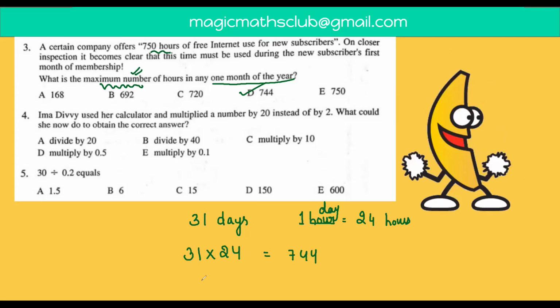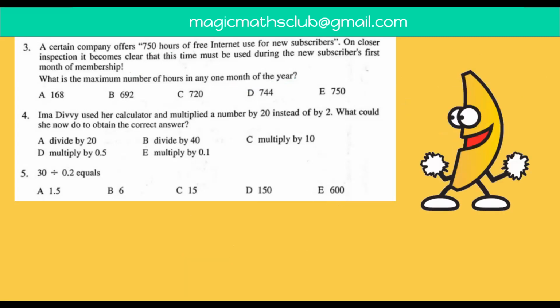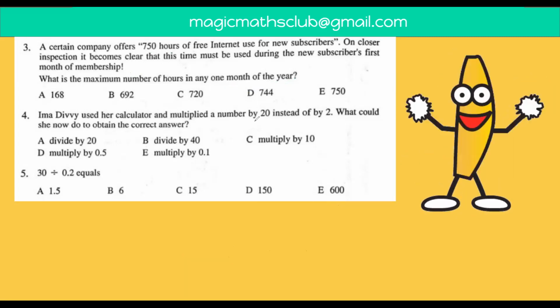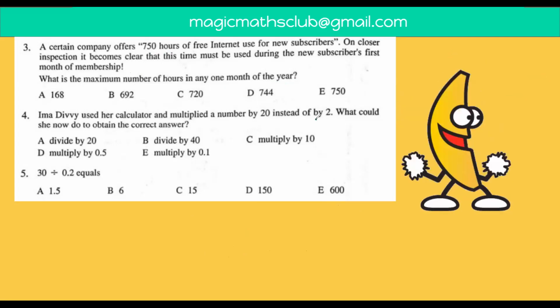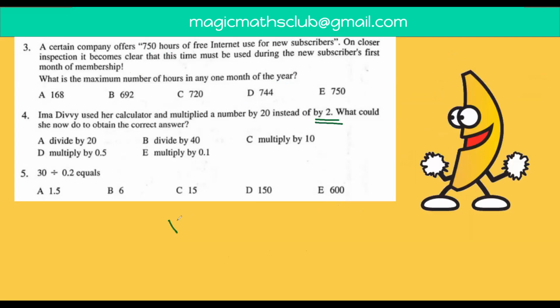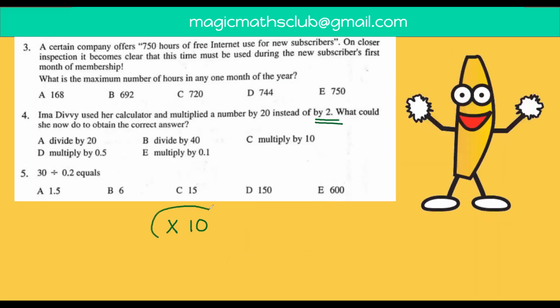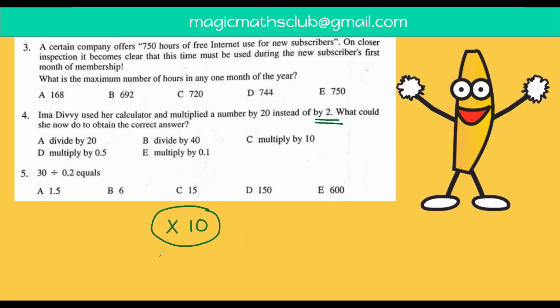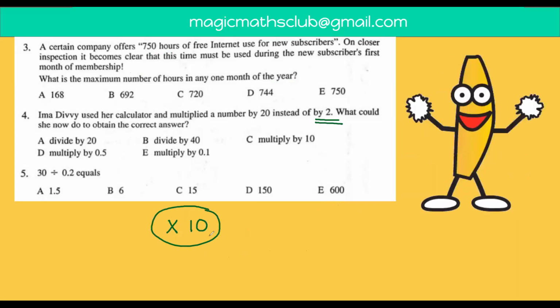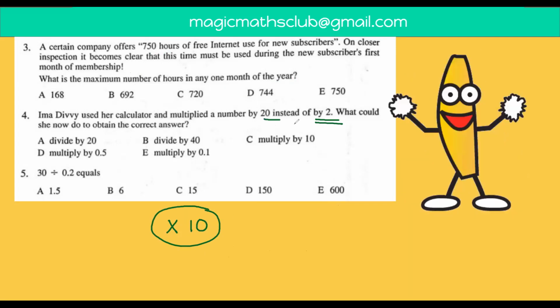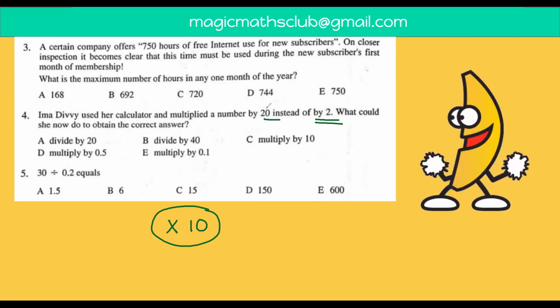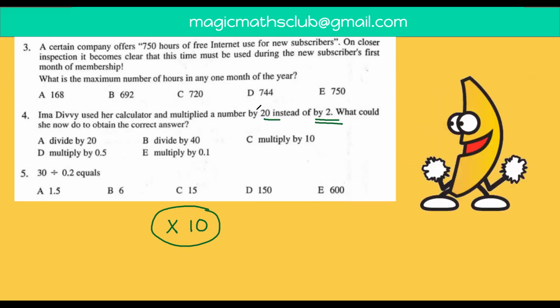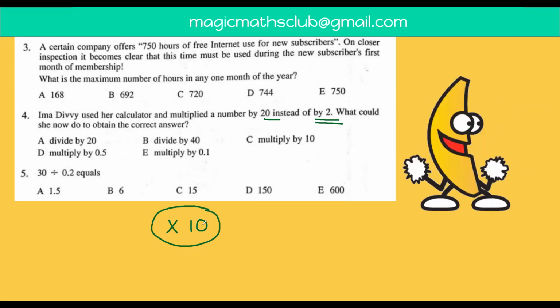Okay, let's try to solve the next one. Ima Devi used her calculator and multiplied the number by 20 instead of by 2. So she has got extra by 10. So what could she do now to obtain the correct answer? The multiplication is extra by 10 because it should be 2 and she has done by 20. So extra multiplication by 10.